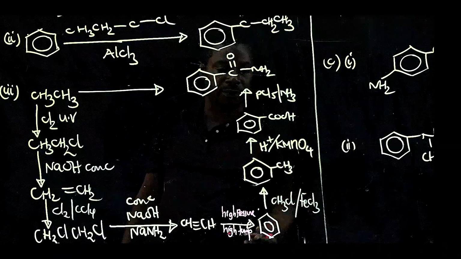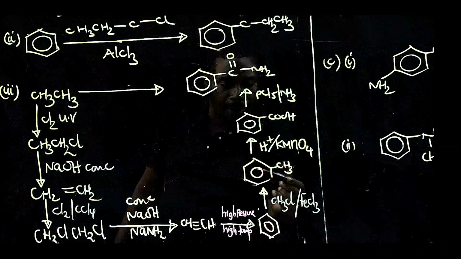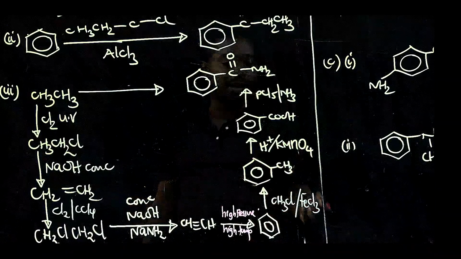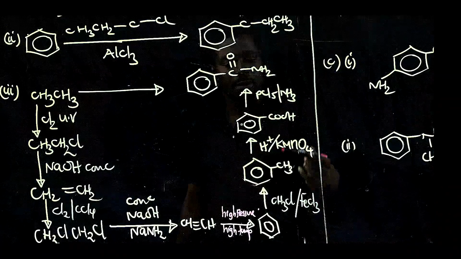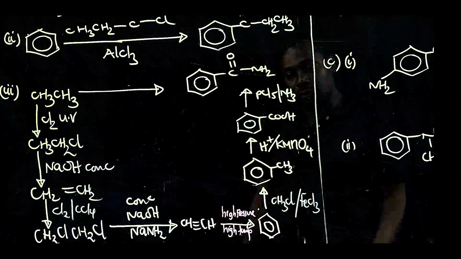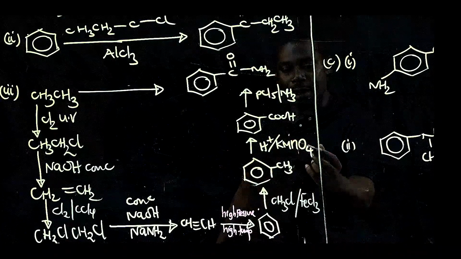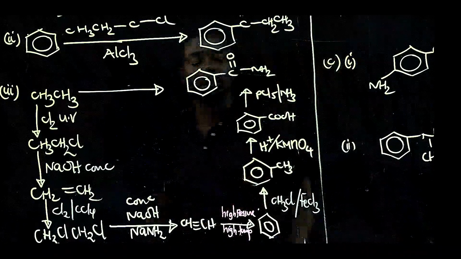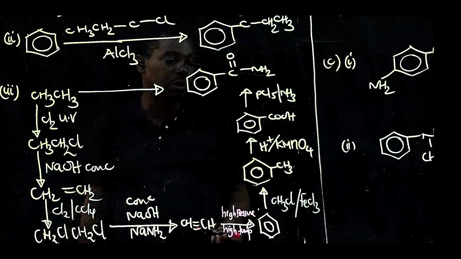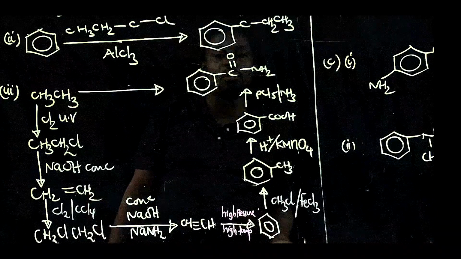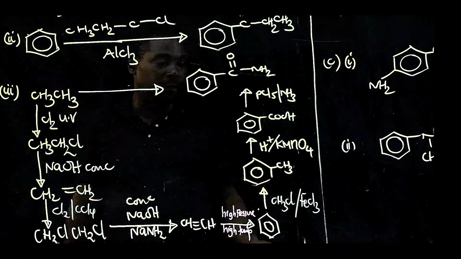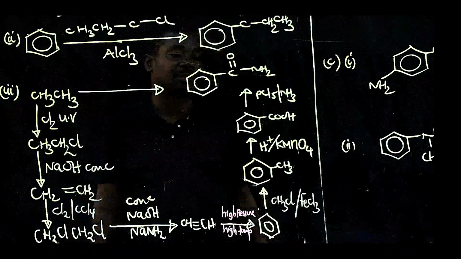Through oxidation, the methyl attached to benzene is oxidized by a strong oxidizing agent, potassium permanganate in the presence of acidified sulfuric acid. Another oxidizing agent which can be used here is potassium dichromate in the presence of sulfuric acid, or acidified potassium dichromate. The methyl is oxidized, which forms benzoic acid.